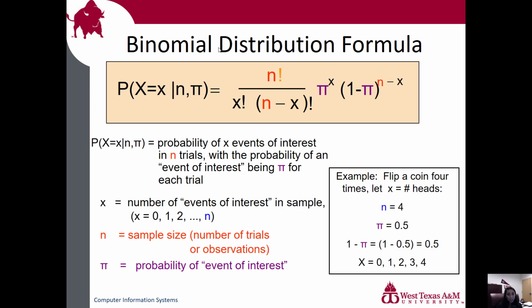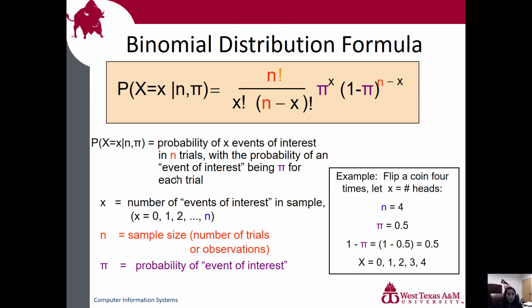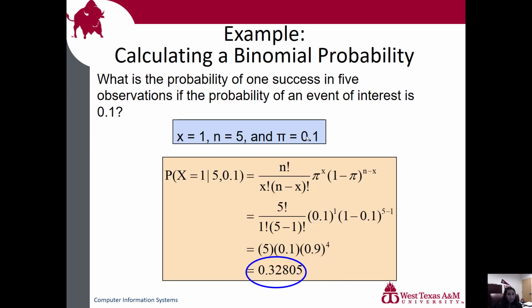So to calculate that, I would use this binomial distribution formula, where x is the number of events of interest in the sample, n is the sample size, and pi is the probability of that event. So again, I don't want you to know how to use this formula, but I do want you to understand what it is giving us.